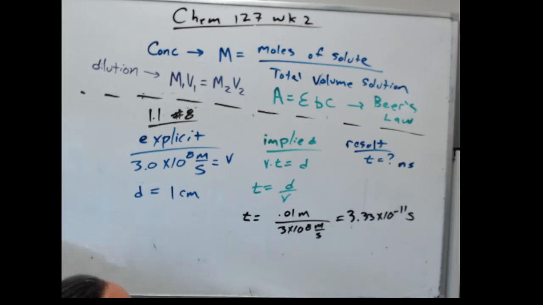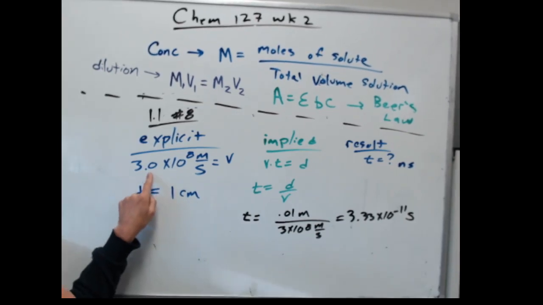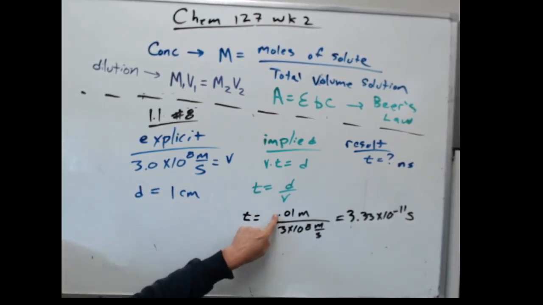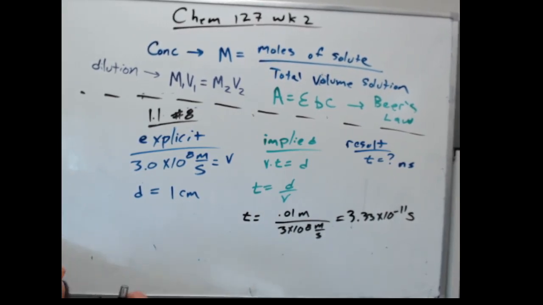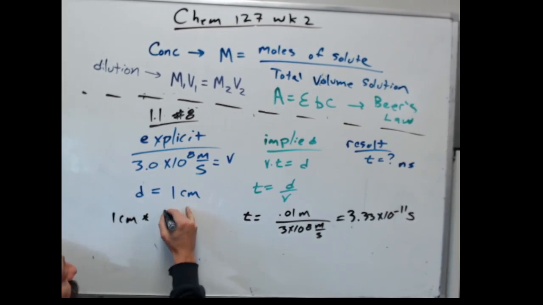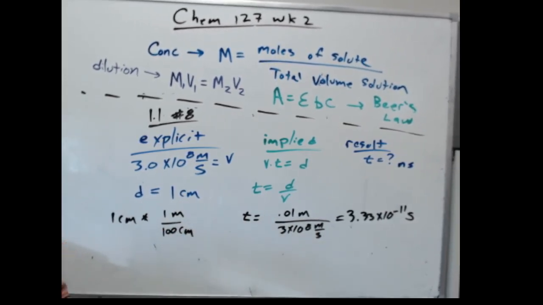Okay. Do you have to convert 3.0 times 10 to the 8th meters over seconds to centimeters? No, I converted my centimeters. What I did was I took 1 centimeter, and I said 1 meter is 100 centimeters. So I converted so that way it's meters and meters cancels out.